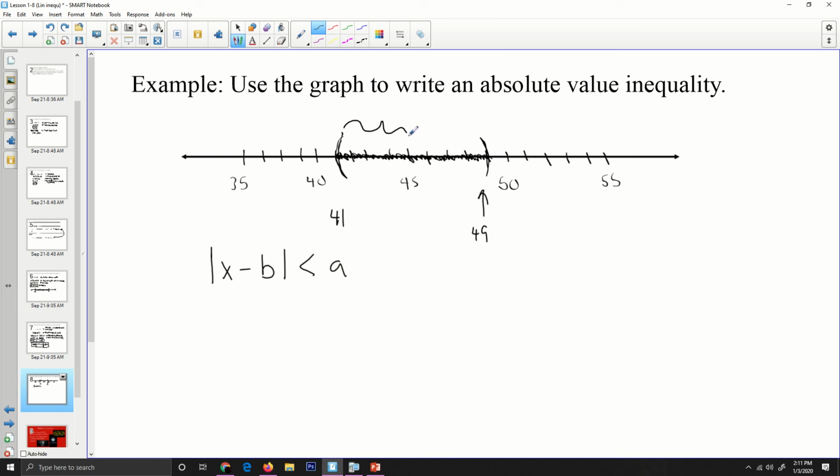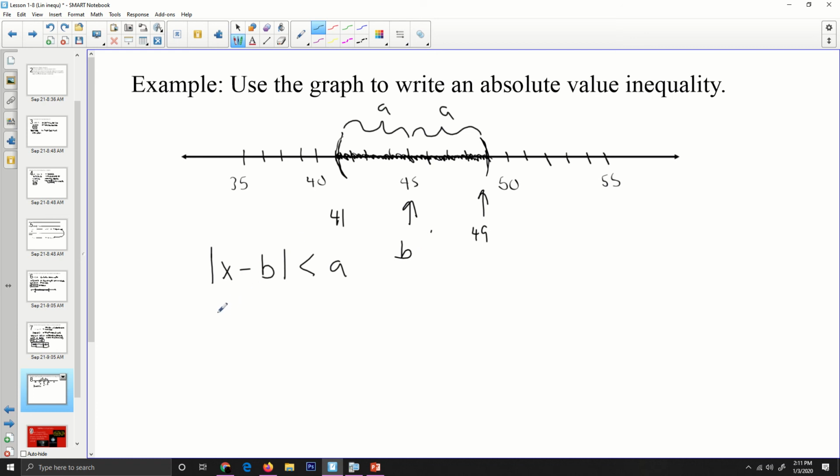So here are my a units, and here are my a units. What's halfway in between is going to be my b value. Any of these values will be less than a units away from b.